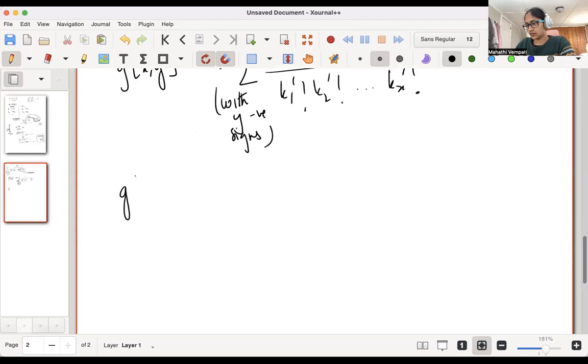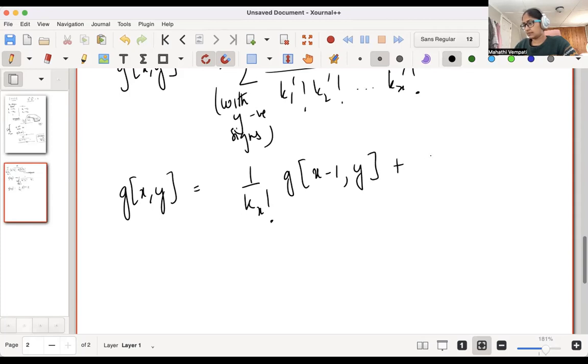So now I know g of x comma y. If you want to add the x element with y negative signs, it's equal to 1 by kx factorial into g of the x minus 1th element with y negative signs, plus 1 by kx minus 1 factorial into g of the x minus 1th element with y minus 1 negative signs.